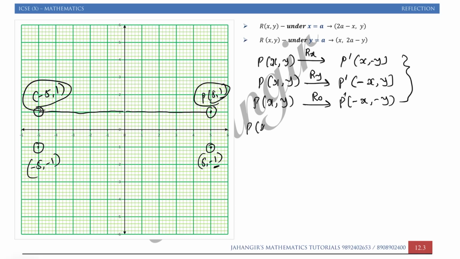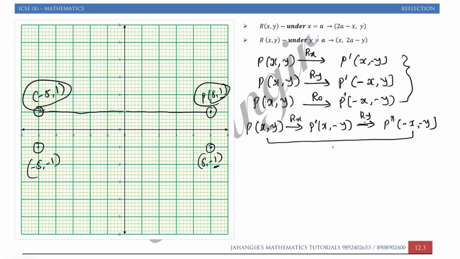If, let's say, P (x, y) is reflected in the x-axis, it will become (x, -y). Now this point is reflected in the y-axis, it will become P'' (-x, -y). So a single transformation from here to here is reflection in the origin.